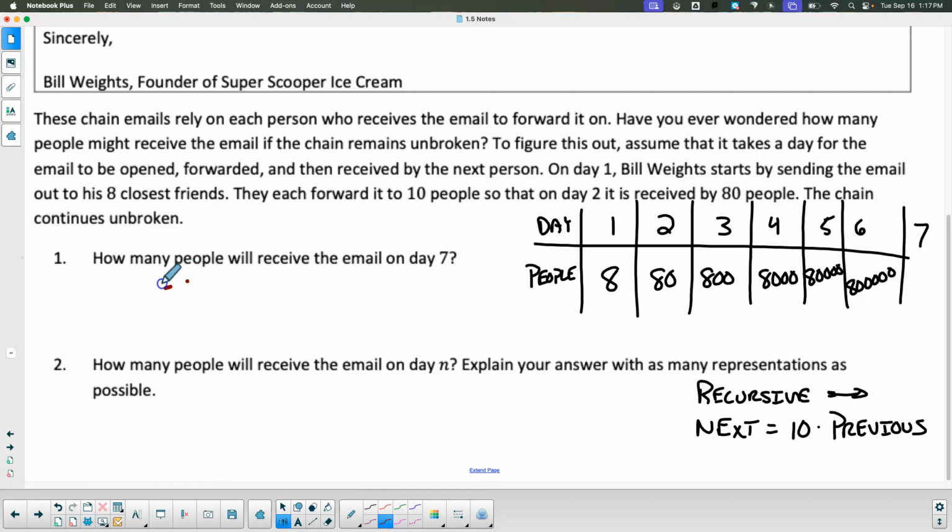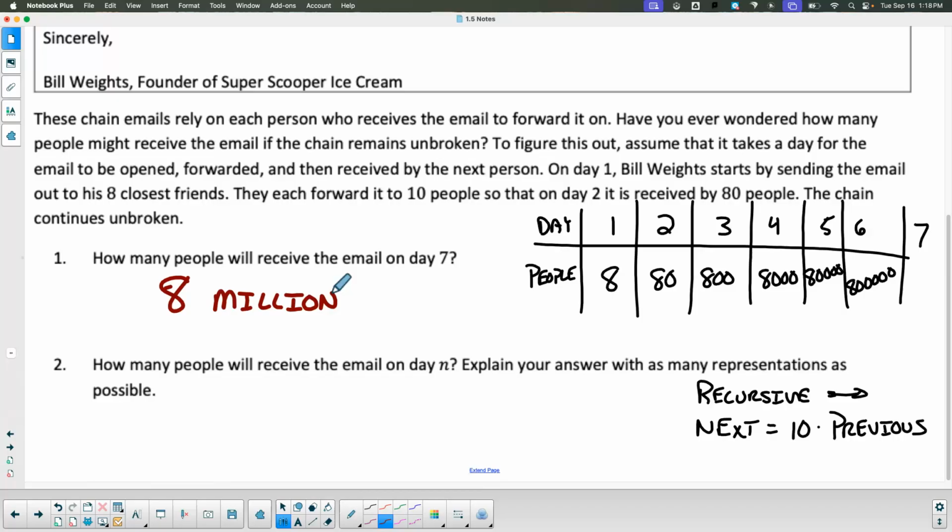Okay, so 8 million people would get that email on the 7th day. On the 8th day, 800 million, then 8 billion. Okay. All right?